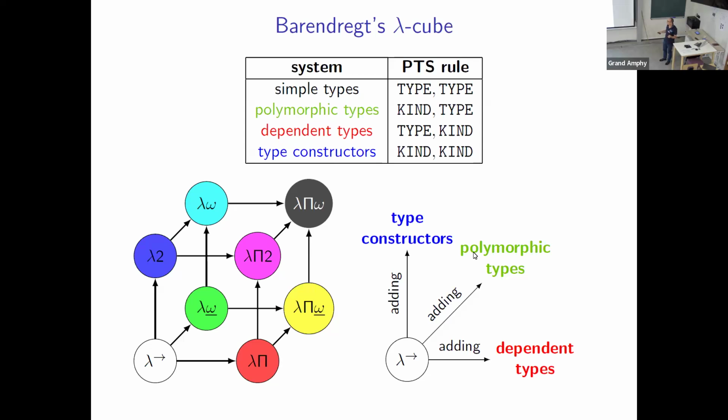And if we want to have type constructors, we have this rule. It's completely modular, and you can get 8 different combinations. It forms a cube depending on in which order you add the rules: either adding type constructors, polymorphic types, or dependent types.